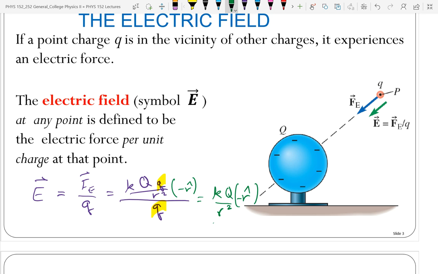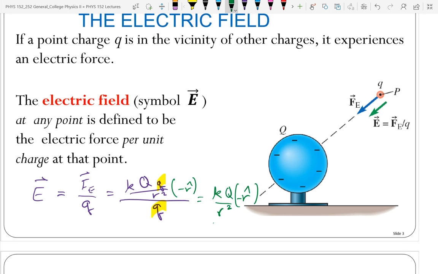The whole point for having the electric field is to allow us to easily calculate the force on any random point charge that I place. Now you'll hear us, and you'll read about more than you'll hear us, about test charges. And we'll say, a positive test charge.